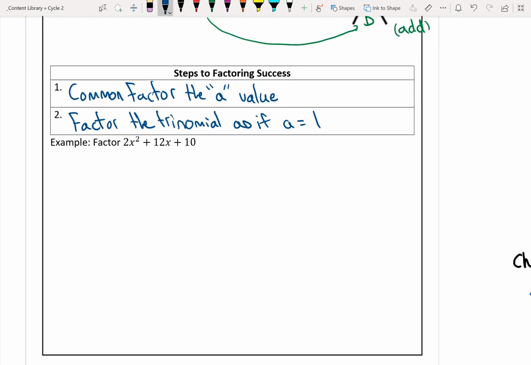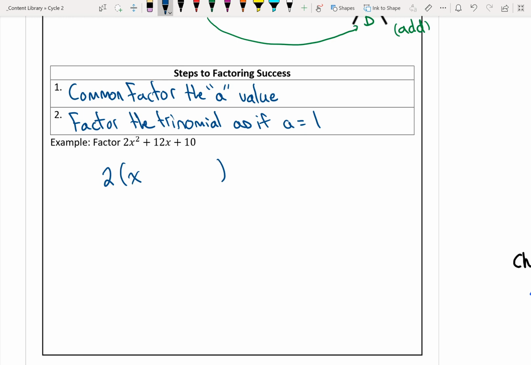So first what we're going to do is we're going to common factor the 2 out. So the a value is 2. Can 2 be divided into all the other numbers? Well, 2 can be divided into 2. It can be divided into 12, and it can be divided into 10. So that means what I'm going to do is common factor it. And how I common factor it is I take the 2, I put it outside a set of brackets, and then I divide every number in there by 2.